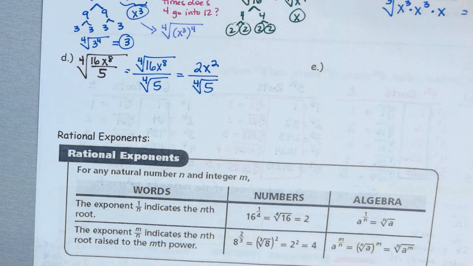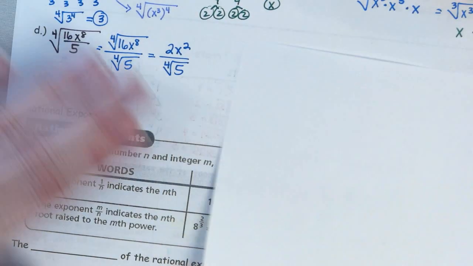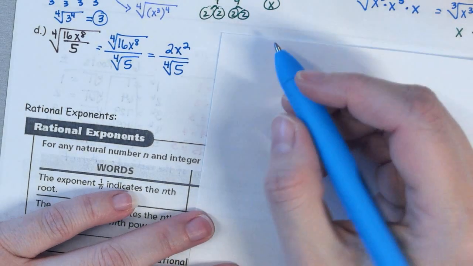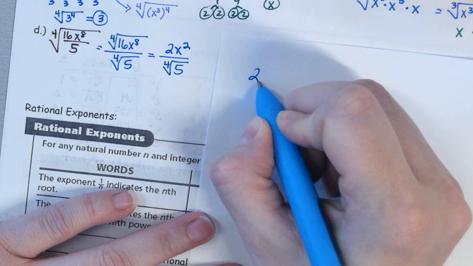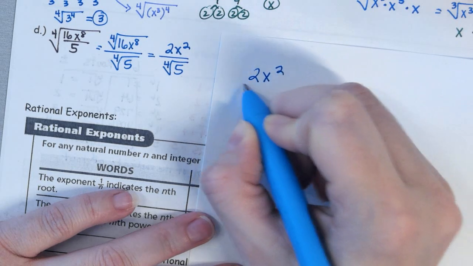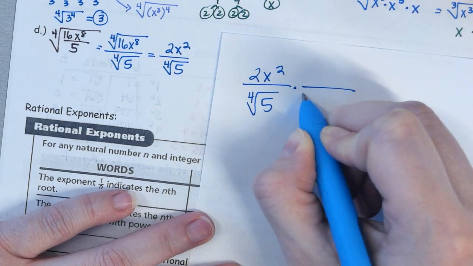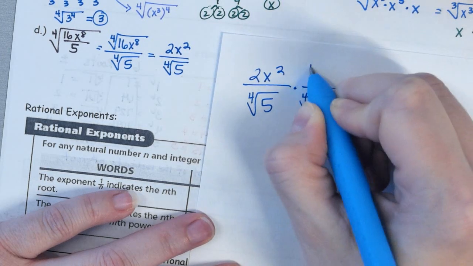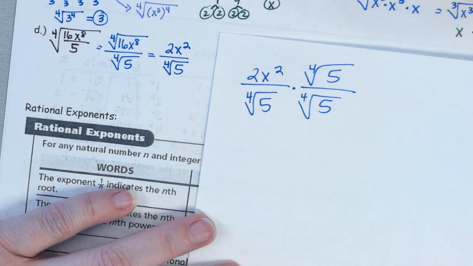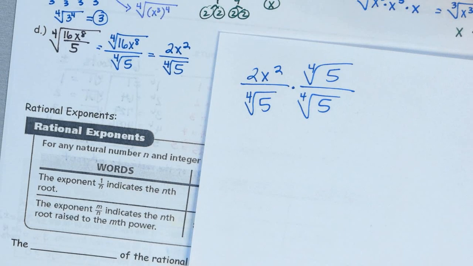Now, we can't have the fourth root of 5 in the denominator. So what do you guys think we're going to multiply by? So in the past, the fourth root of 5. How many of you think we're going to multiply by the fourth root of 5 over itself? Jack, do you have a different idea?